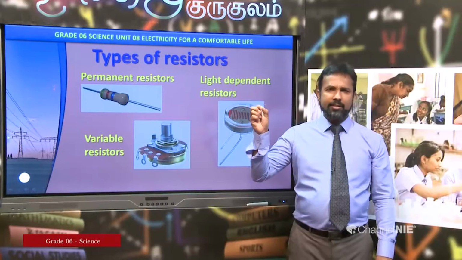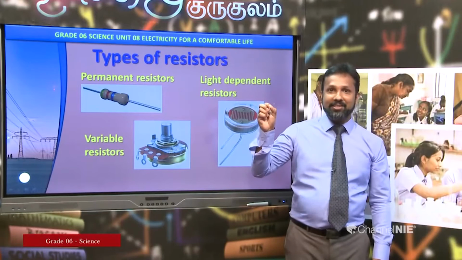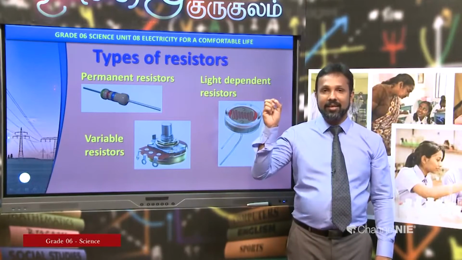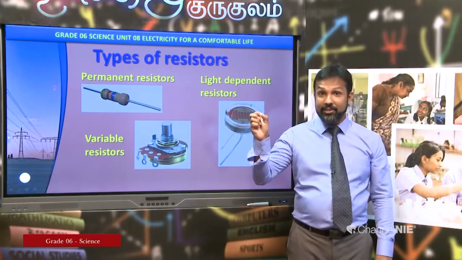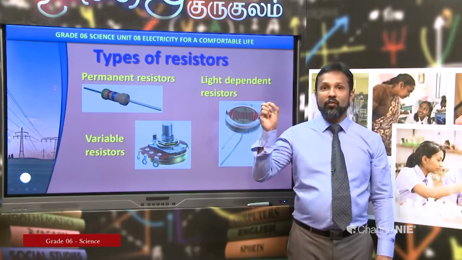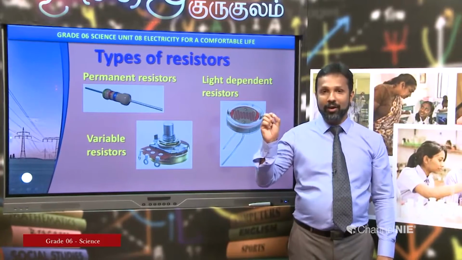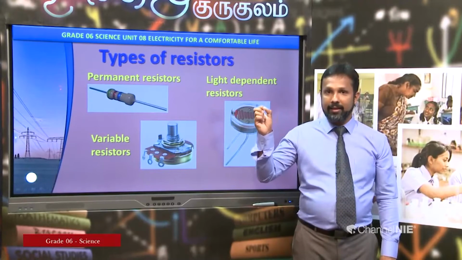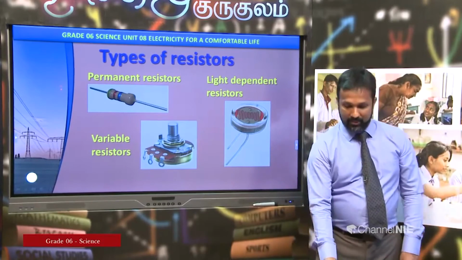Why do we call this a light dependent resistor? My dear children, this is a resistor in which the resistance depends on the amount of light falling on it. We can learn more details about the light dependent resistor in coming lessons. Right.